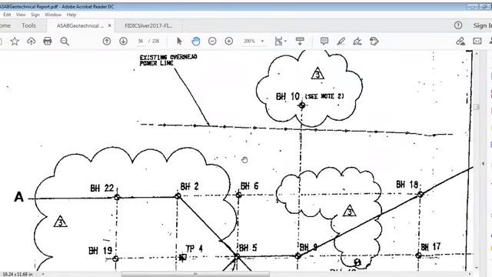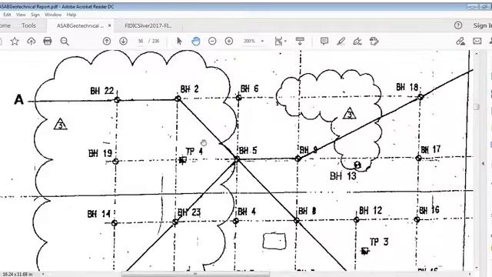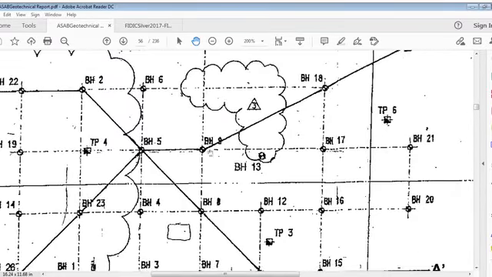You can see here BH10, BH20, BH22, BH2, BH6, BH18, BH19. TP is test pit, and BH is borehole.